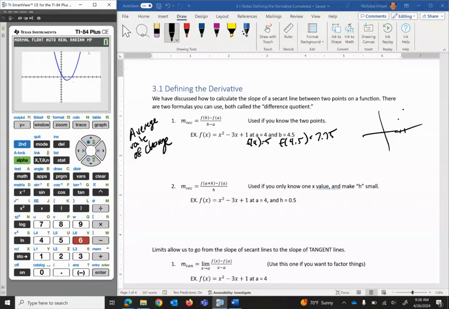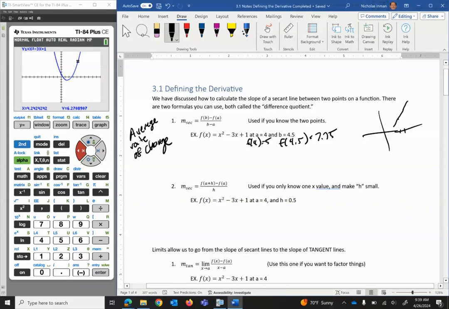So I have this quadratic. I was starting at 4, and then I'm going to 4.5, so I'm going from there to there. If you just look at those two and connect them with a straight line, we're talking about the slope of that line. To find the slope of our secant line, m means slope, it's 7.75 minus 5 over 4.5 minus 4.